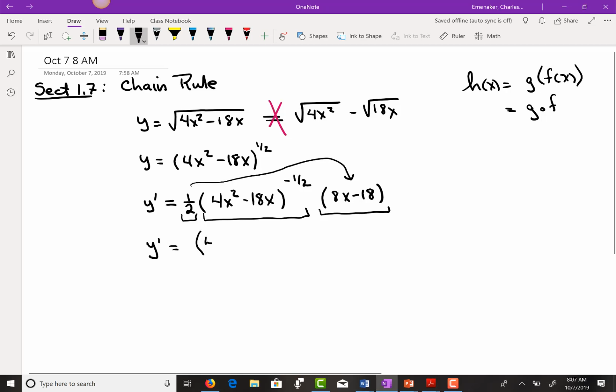And 1/2 of that's going to give you a 4x minus 9. Does that make sense to everybody? Times the 4x squared minus the 18x to the negative 1/2 power. And that would be your answer.